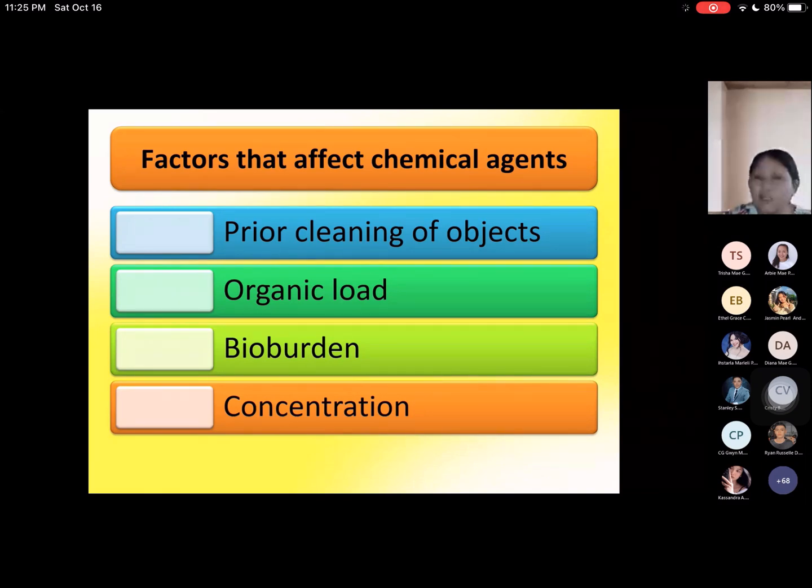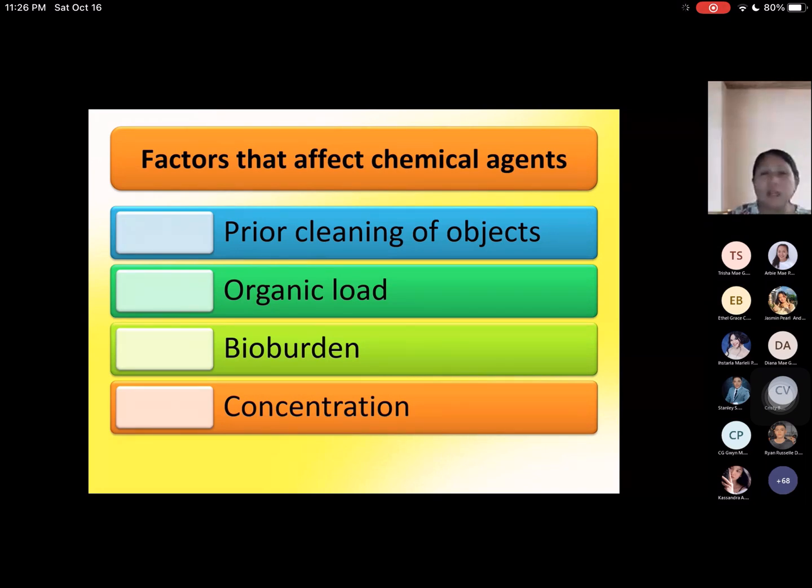It should be diluted properly. There are Lysol that are sprayed, and there are Lysol that are to be prepared, and you need to follow the concentration, so it is prepared properly.